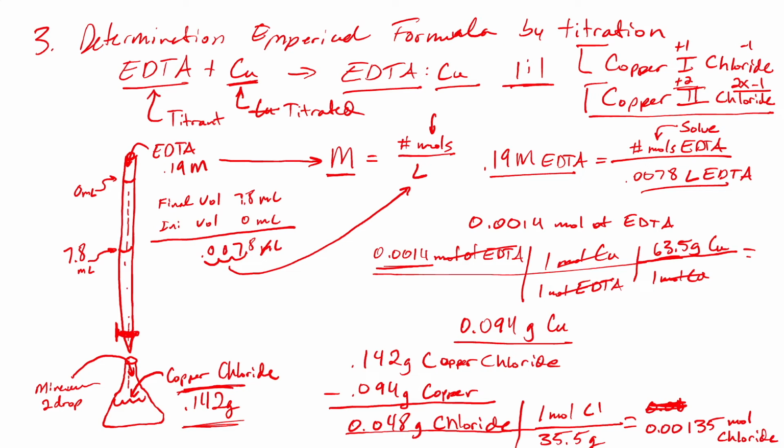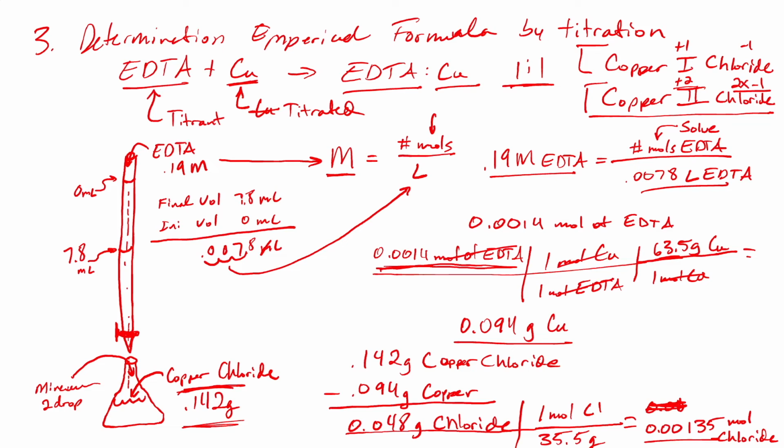Cool. All right. So now that we have the number of moles of chloride, how many moles do we have of copper? Well, we actually had it up here. We went through this calculation right here, the 0.0014 moles of EDTA.